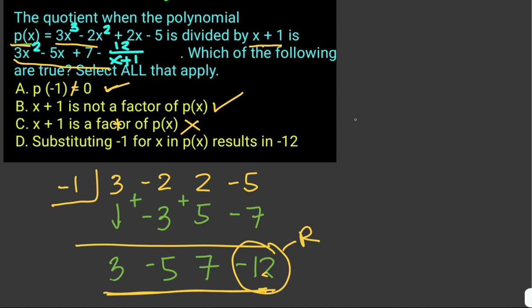We've already solved for p of negative 1. We substituted negative 1 into the function p of x, and it resulted in negative 12. Therefore, option D is also true. Therefore, among the following options, A, B, and D are all true.